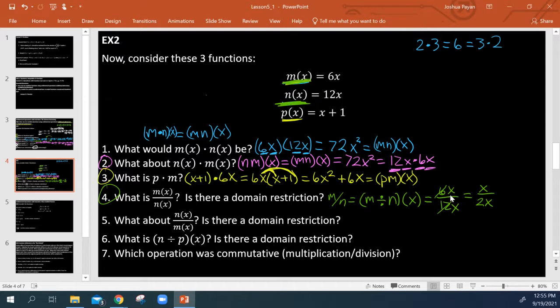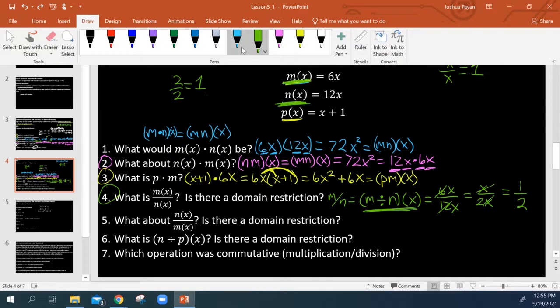If we look at it by itself, that's just like saying, what's 2 over 2? Well, obviously that would just be 1. So x over x, analogously, is also 1. So we're left with just 1/2. So m divided by n of x is simply 1/2. Always simplify where you can.